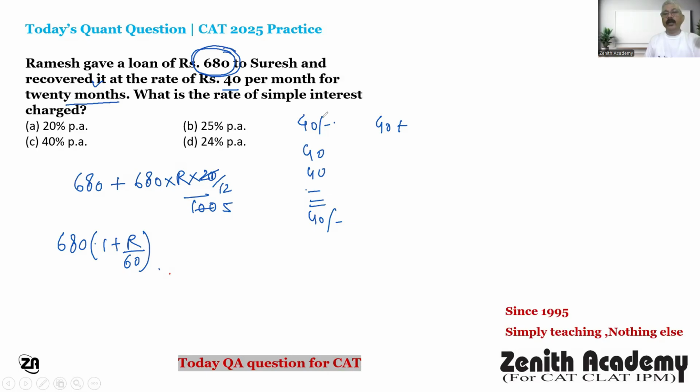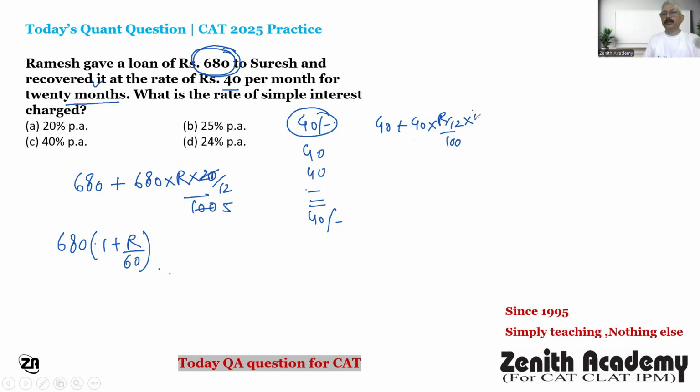So the effective value of the first installment: the rate is R% per annum, so on 40 rupees every month it is R by 12%. This amount is with Ramesh for the next 19 months.